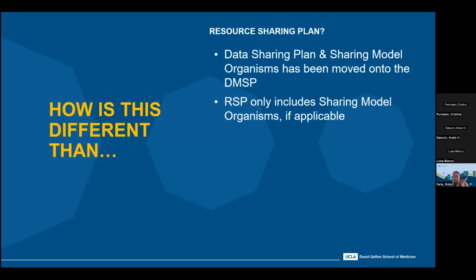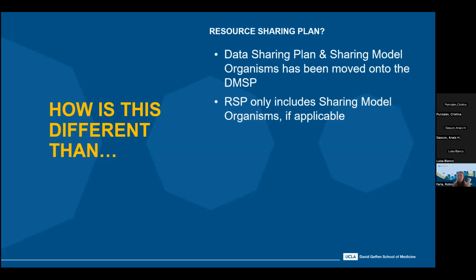One was on data sharing, and one was on sharing model organisms. Those components are now addressed in the data management and sharing plan. Not sharing model organisms, sorry, genomic data, that's the typo there. Because the resource sharing plan still exists. You still have to do it if it applies, but it only includes the sharing model organisms component now.